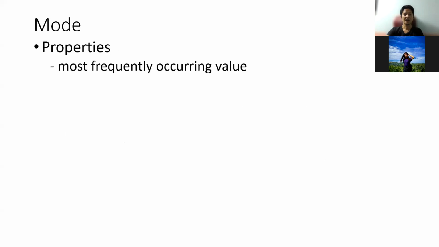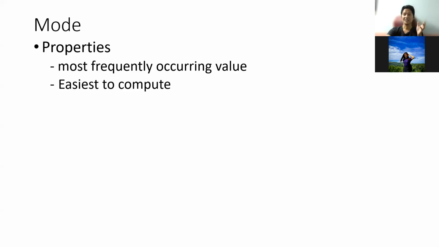For the mode, it's just the most frequently occurring value. Unlike sa mean, nag-average tayo. Sa median, hinahanap lang natin yung gitnang value. Ito naman, binibilang lang natin yung pinakamadaming lumalabas na value.